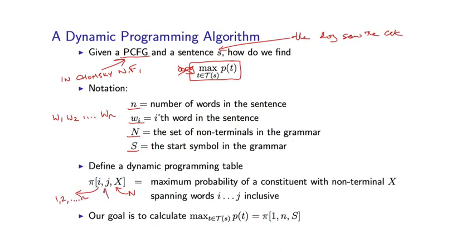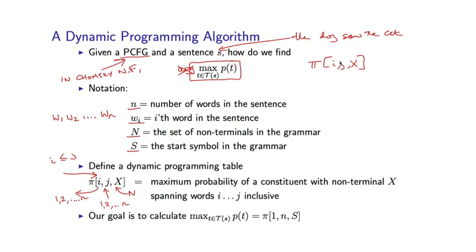And j is also going to be some value in the interval 1 up to n. And we always have i less than or equal to j. Okay, so we only consider entries pi of i, j, x, where i is less than or equal to j. We'll see why in a second.